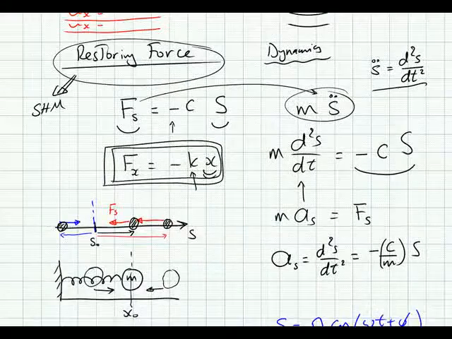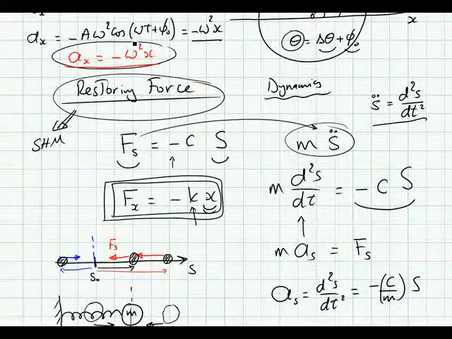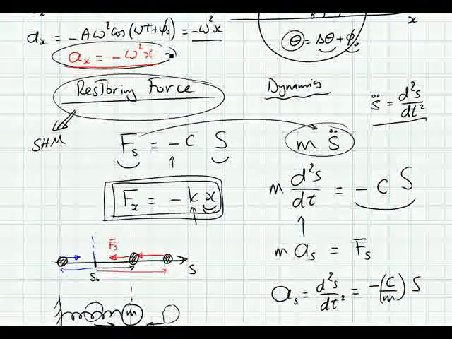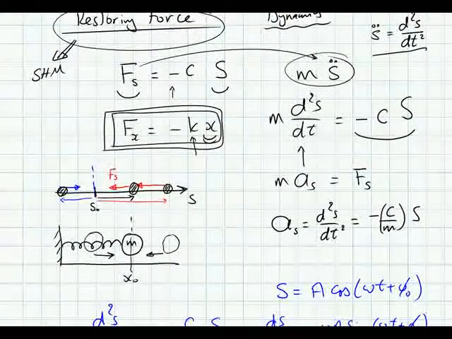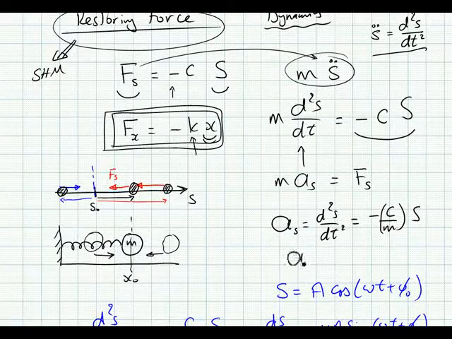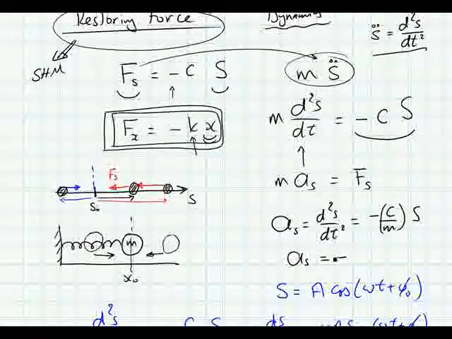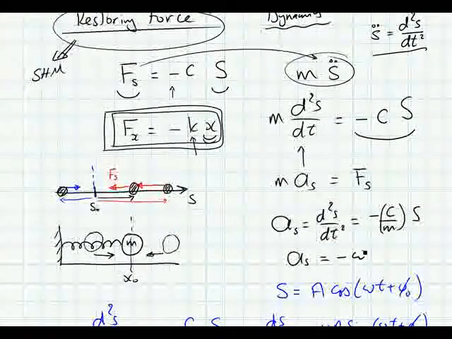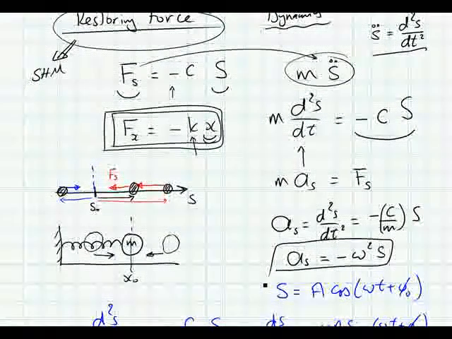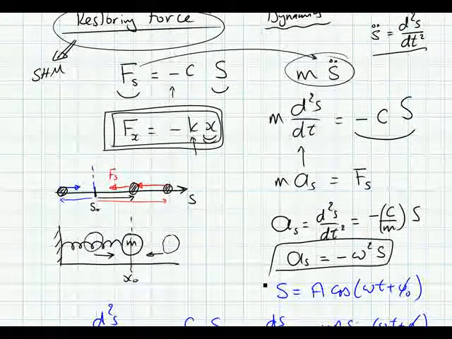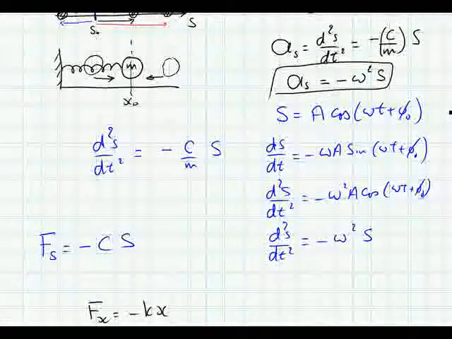And as we saw up here when we did the kinematic argument, the acceleration of the simple harmonic oscillation is equal to minus omega squared x. So this form agrees with what we obtained using the kinematic argument, which gives us d2s dt squared is equal to minus omega squared s, omega being the angular frequency of the oscillatory motion.